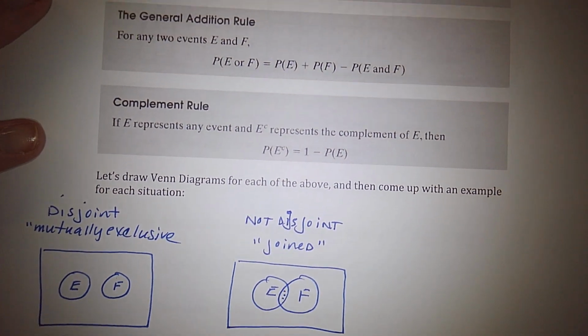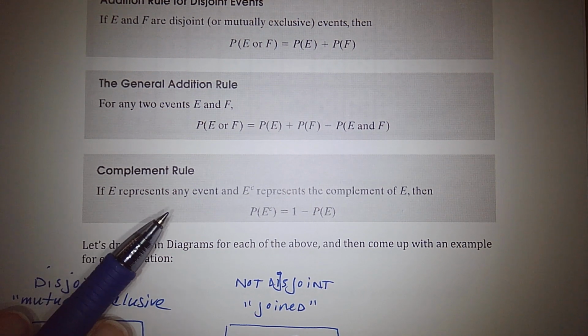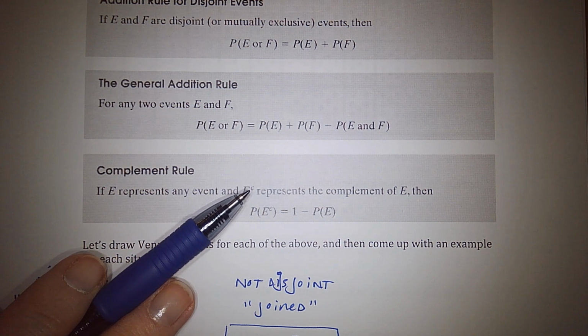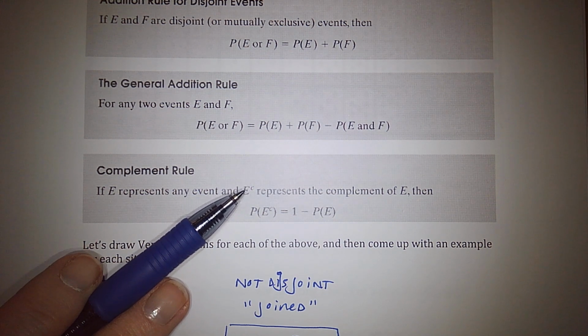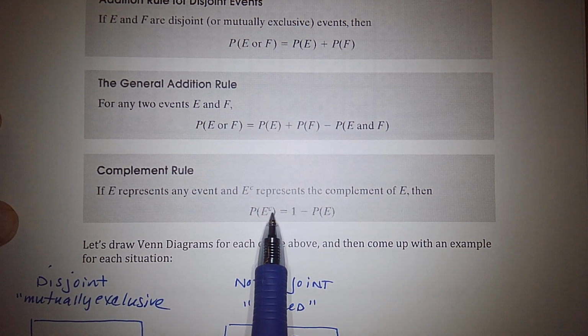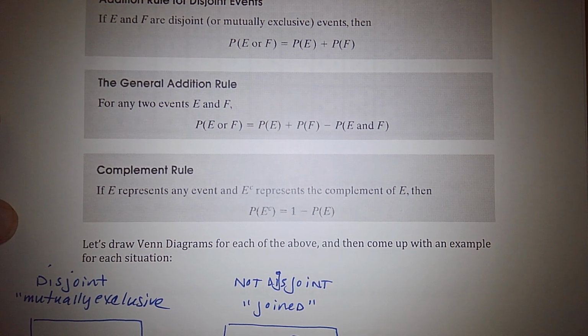And last is called the complement rule. The complement rule says if E represents any event, then E to the power C, called the complement of E, represents the complement of E, and the probability of the complement equals 1 minus the probability of the event occurring.